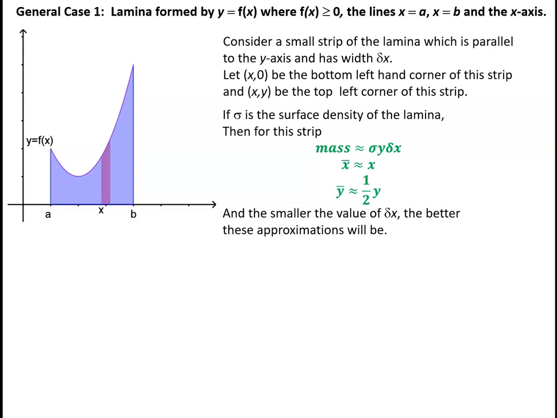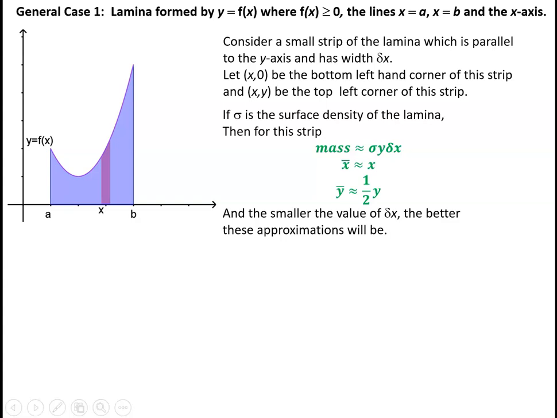The value of x bar is going to be very, very close to x, provided delta x is small. And the value of y bar is going to be approximately a half y. And the smaller the value of delta x again, the better these approximations will be.